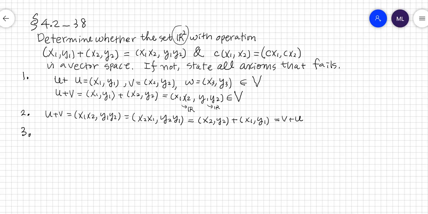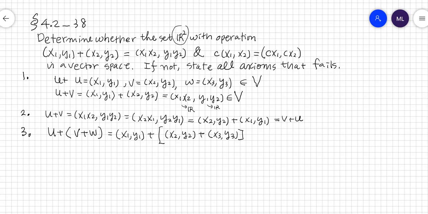So the third axiom is the associative property. If I say u plus (v plus w), what is u? u is (x1, y1) plus v is (x2, y2) plus (x3, y3), right?